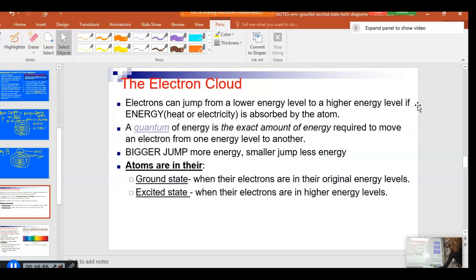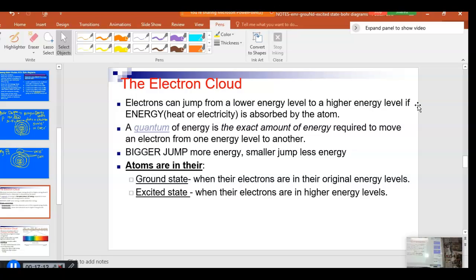So when it comes to the electron cloud, electrons can jump from lower energy levels to higher energy levels if they absorb energy. And energy can be in the form of heat or the form of light, okay?